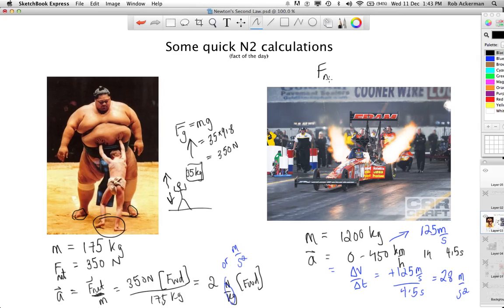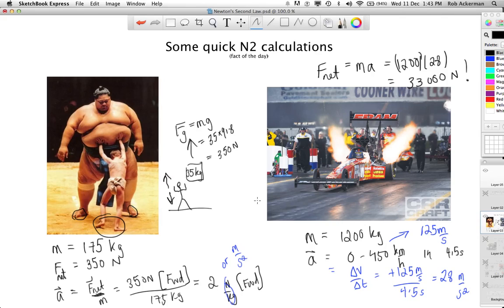What net force can be applied by these engines? Well, let's see. It would be the 1,200 kilos times the 28 meters per second squared, for a pretty impressive, just calculating this now, approximately 333,000 newtons of force! That is a lot of force that these car engines can exert.